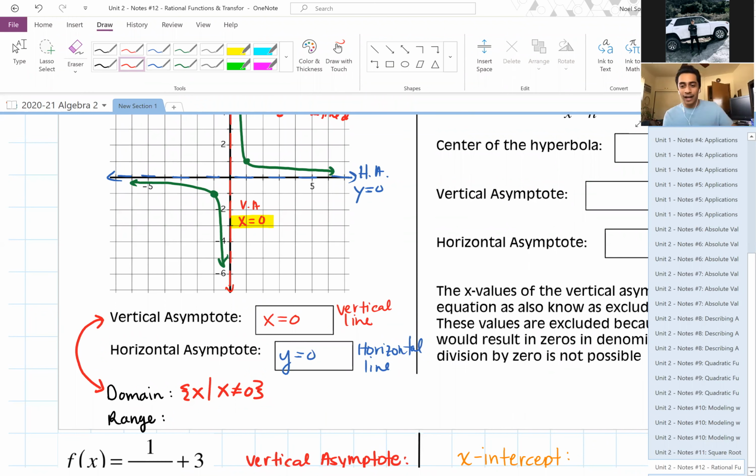Yeah, it's kind of like the IXL. The curve represents a set. So when you have the curved brackets, it means it's a set of numbers. In this case, it means the set of all x such that. This little line right here represents such that.